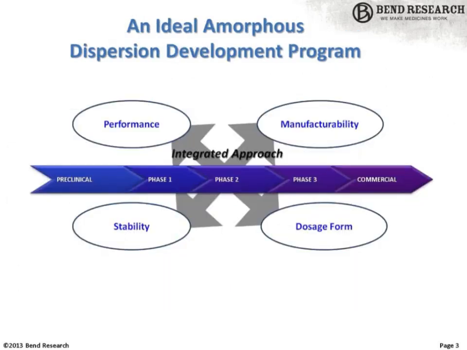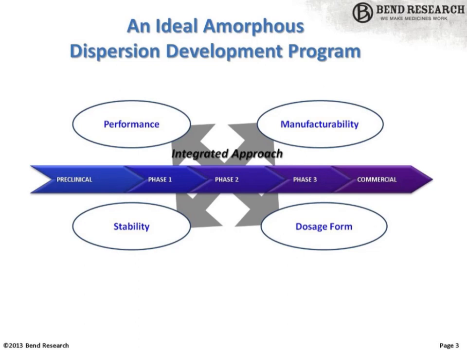When you're talking about developing an amorphous dispersion for the pharmaceutical industry, really you have to consider all the way from discovery through commercial. There's a lot of ways you can get highly performing, that is, highly bioavailable amorphous dispersions to PK studies, pharmacokinetic studies in animals, or even to the clinic.